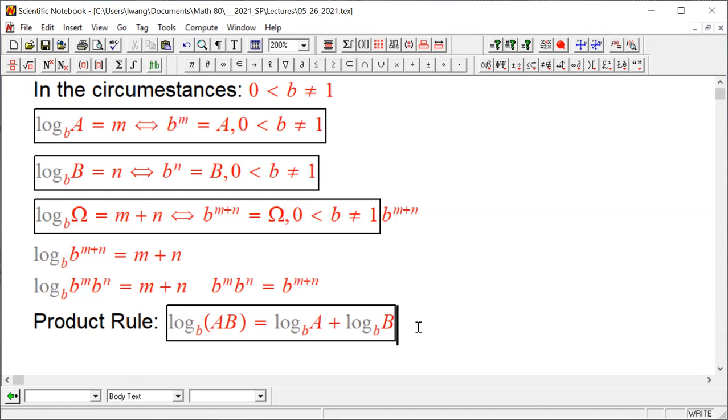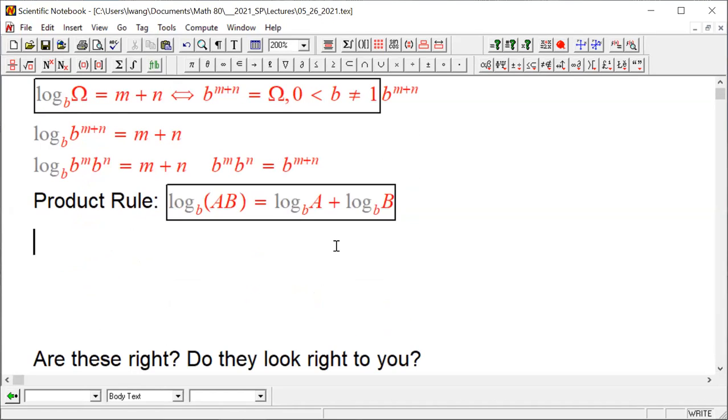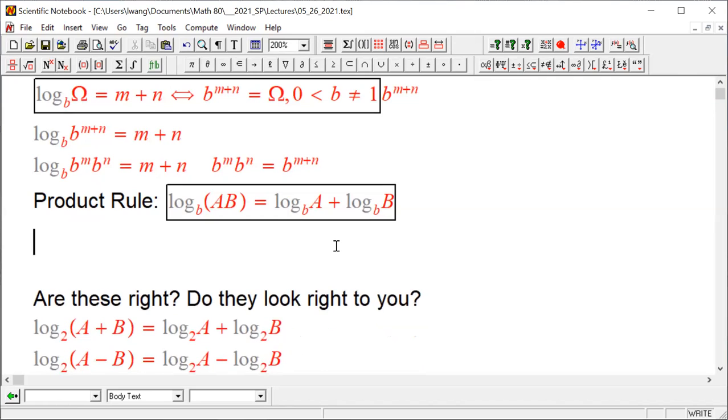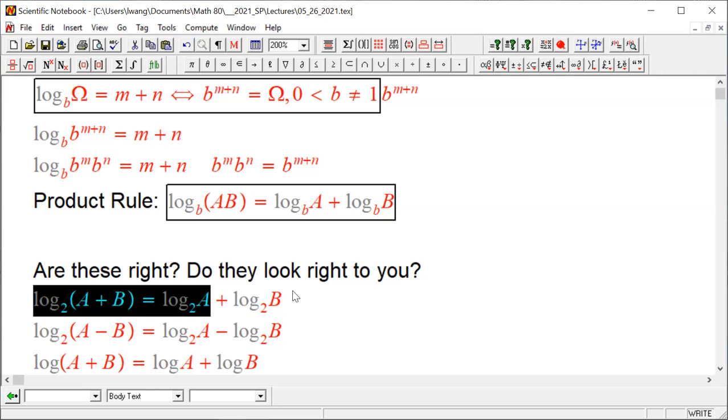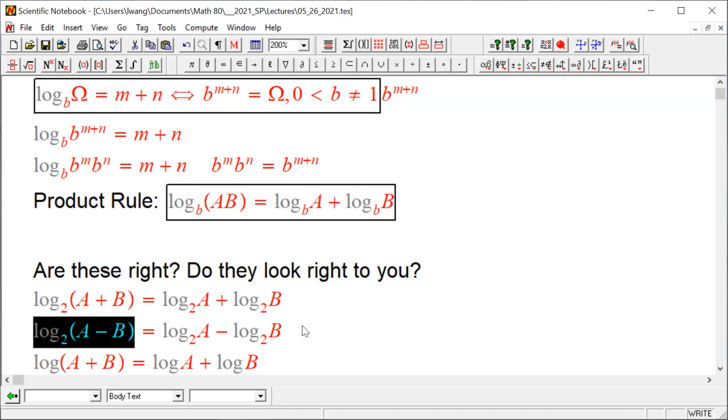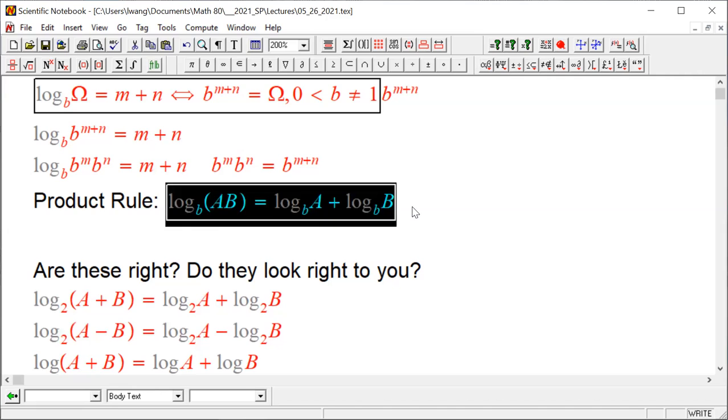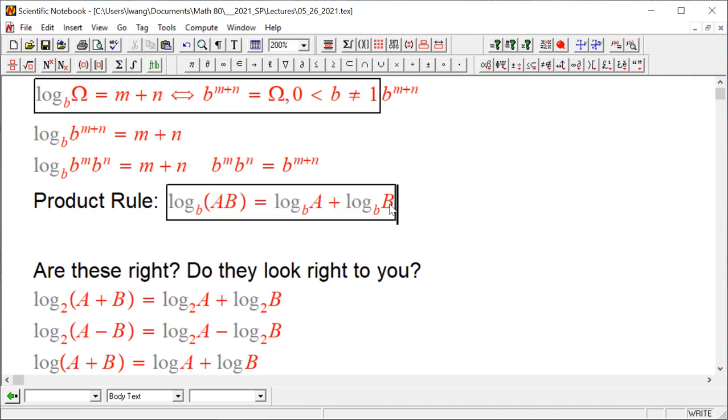It's a little bit counterintuitive, isn't it? Counter to the mistakes we have seen before, right? What was the mistake we saw? This is false. These are false. And this is true. This is the truth, provided, of course, A is positive and B is positive.